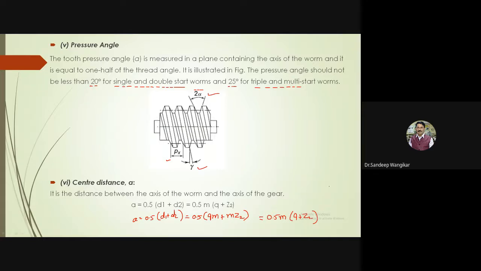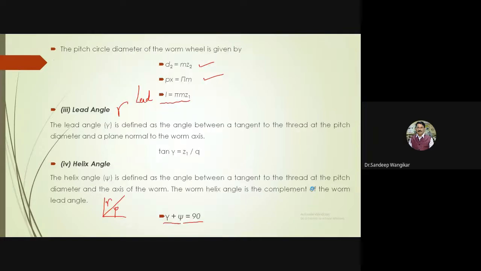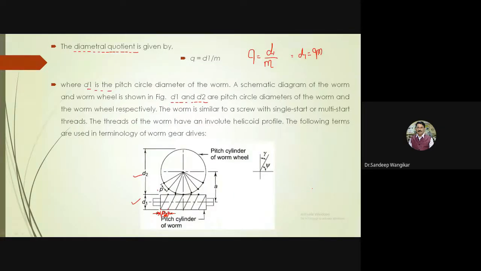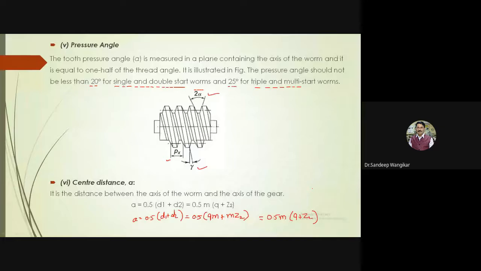We have discussed here Q is equal to D1 by M, so D1 is equal to QM. For your understanding purpose, I have written this relation, the diameter quotient. So D1 is equal to QM, and we are having D2 is equal to MZ2.